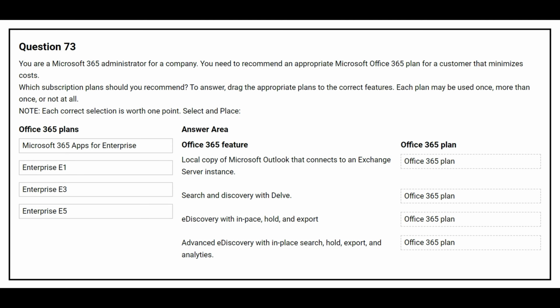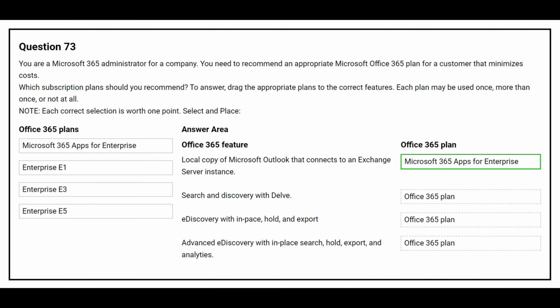On the right side, you have the Office 365 feature and you need to choose the correct Office 365 plan. The first Office 365 feature is local copy of Microsoft Outlook that connects to an Exchange server instance. The correct Office 365 plan is Microsoft 365 apps for enterprise.